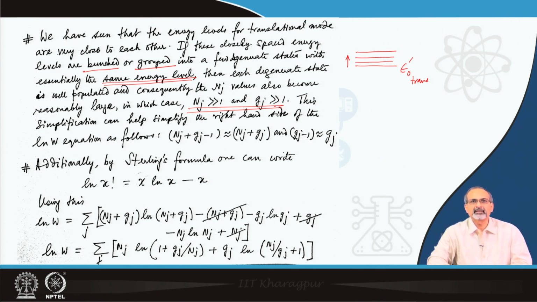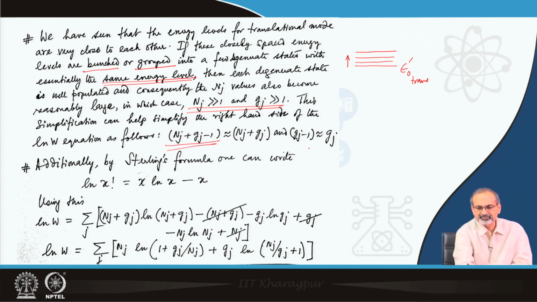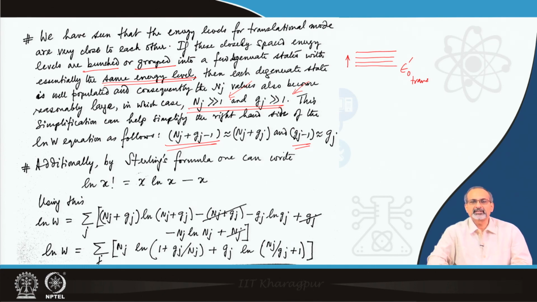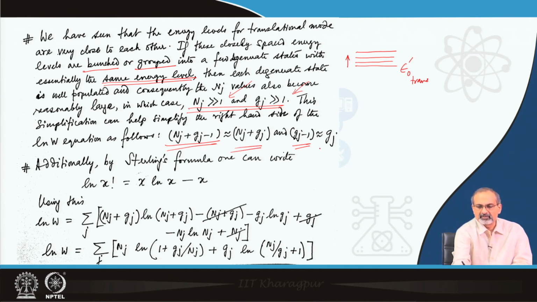If you remember, in the log W equation there were several terms like this, which we left behind in the previous slide. Now, under the given assumption that both of them are going to be large enough compared to 1, you can approximate them in forms like this.